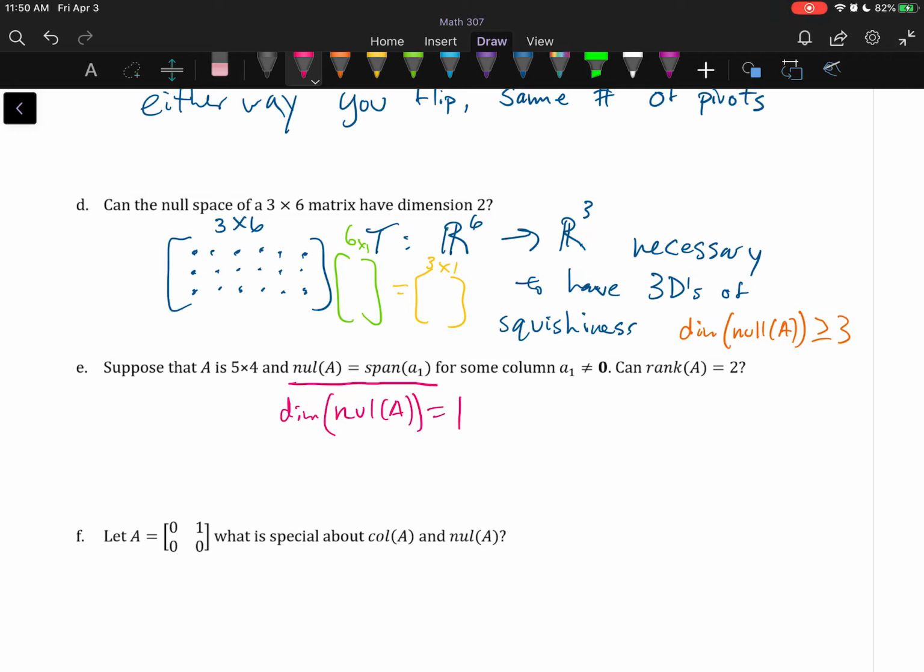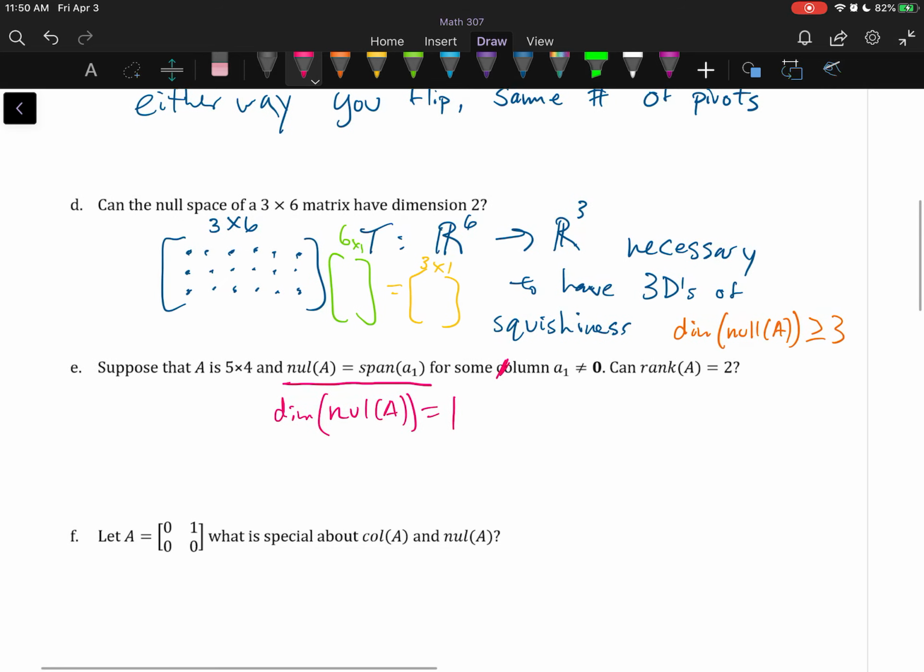Oh, and this notation's a little bit bad. It shouldn't be a column. Scratch that. Equals the span of v for some vector that is in R4.